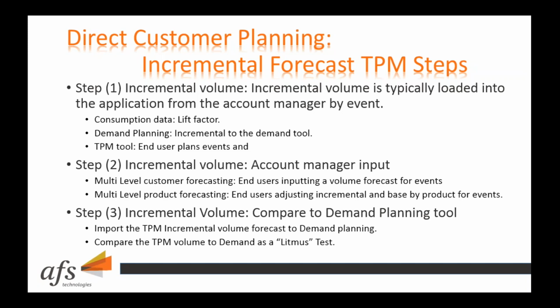Now, the catch is that in step 3, the demand planning system is typically only looking at the SKU level, the production level, which is typically case level or individual unit. It depends upon how your demand planning tool is structured. So there is a bit of a mapping exercise when you're doing a comparative of the TPM tool and the demand planning tool.